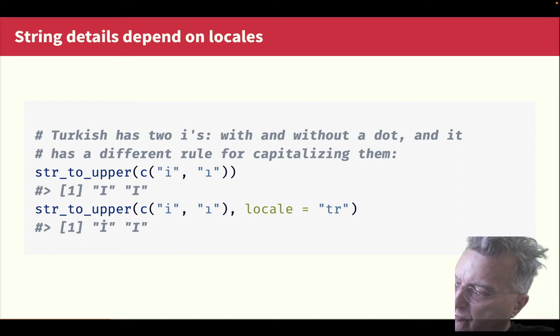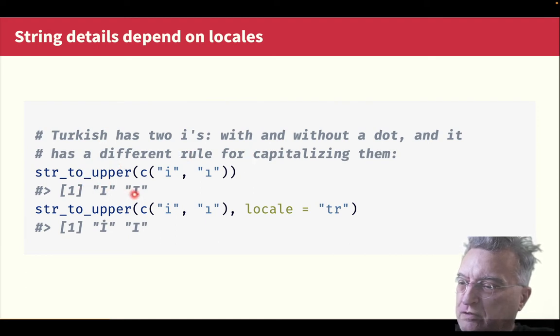So all the conventions that are common to the English language in the US are obeyed by programs on my computer that recognize locale. R is an example of such a program. So if I say that the locale is Turkey, I get two different I's, with and without a dot, and it has a different rule for capitalizing them.